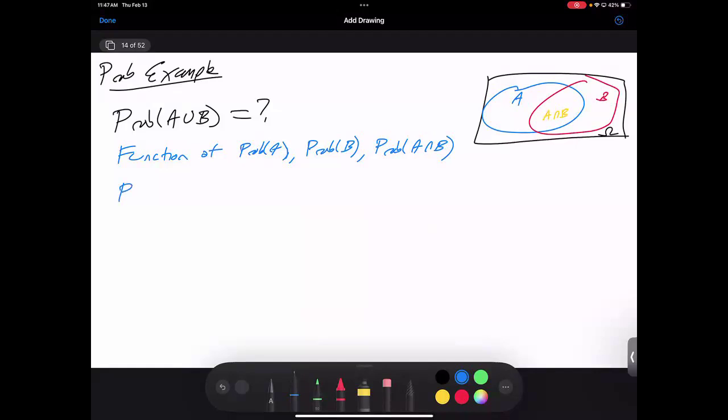So the probability of A union B should be maybe some function of the probability of A, say alpha times the probability of A, plus beta times the probability of B, plus gamma times the probability of A intersect B. That's the simplest thing that we can think of that involves all of these. Can anybody give me any properties the probability of A union B should have?